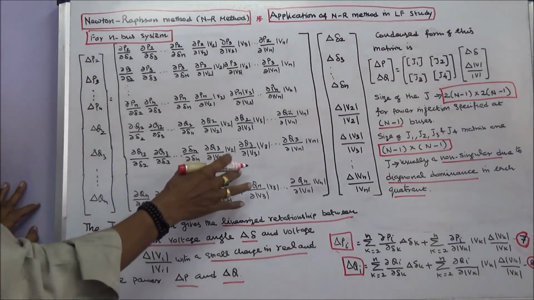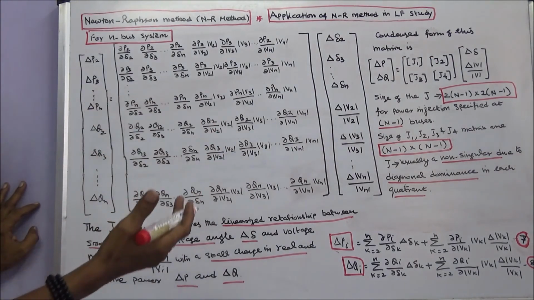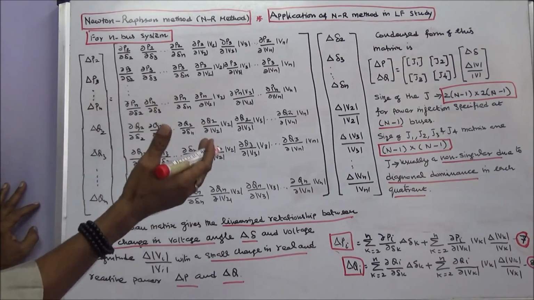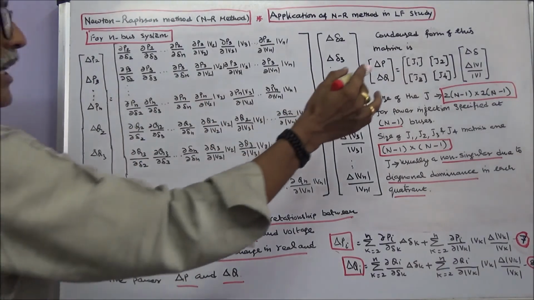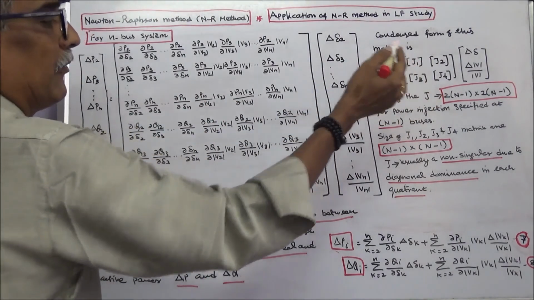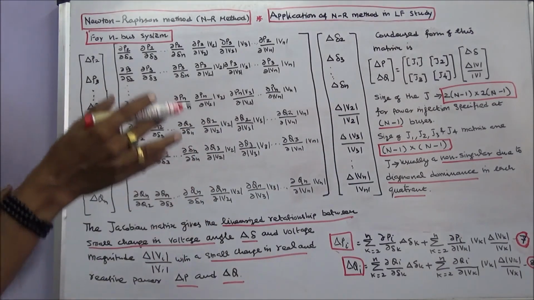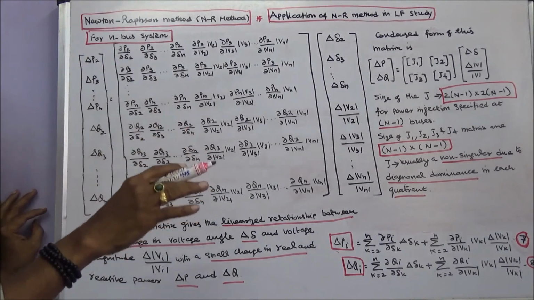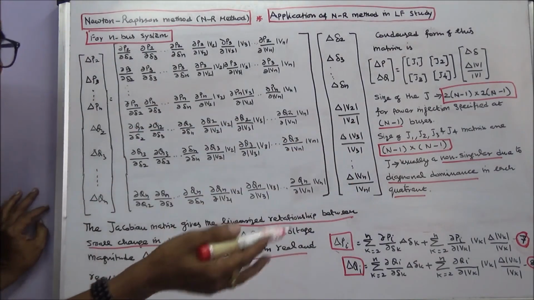The size of the Jacobian matrix is 2 into n minus 1 by 2 into n minus 1 for power injection specified at n minus 1 buses. The sizes of J1, J2, J3, J4 are n minus 1 by n minus 1. The Jacobian matrix is usually non-singular due to diagonal dominance in each quadrant.